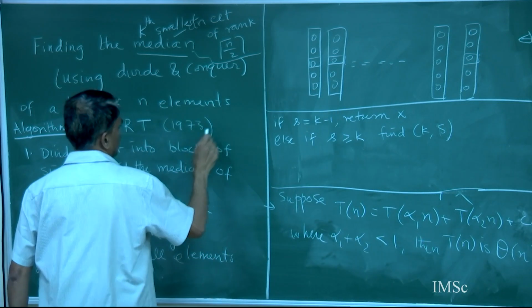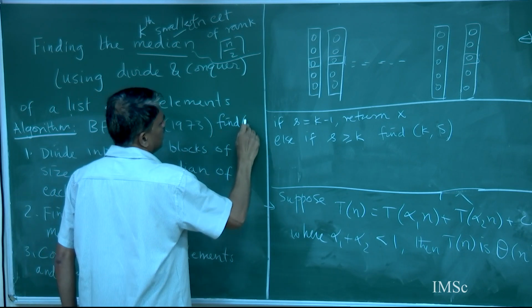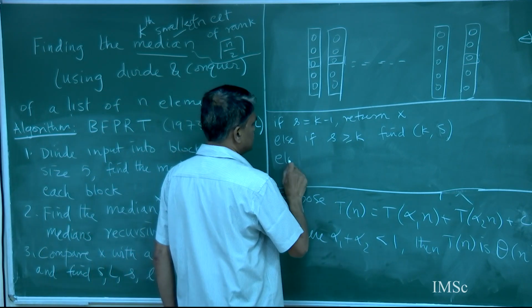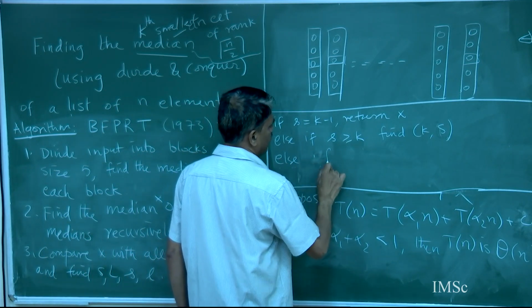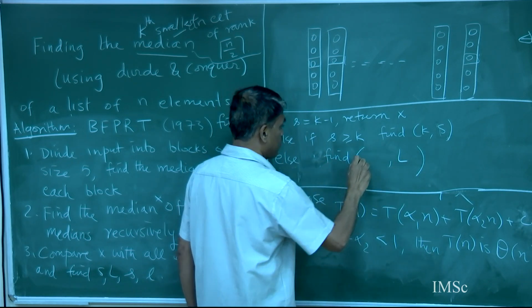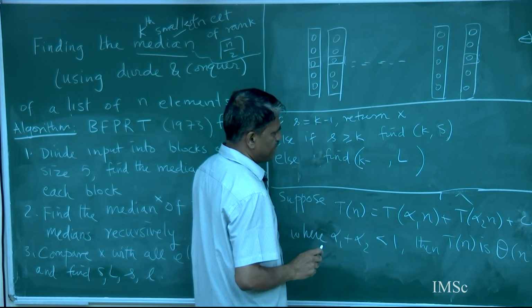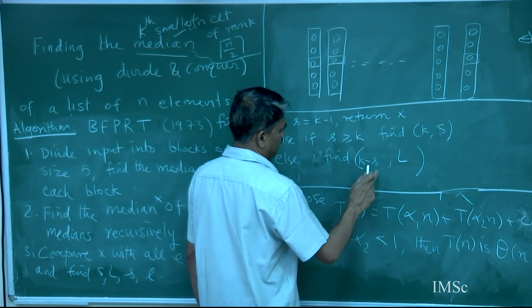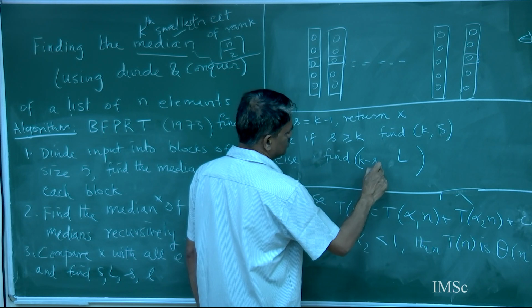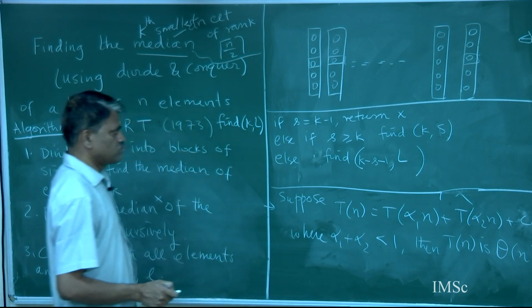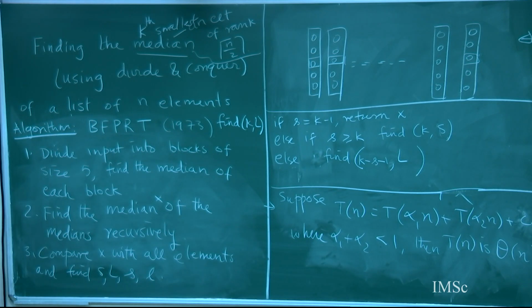Right, so this algorithm, let's say, finds the kth smallest in my entire list L. Else, find in the larger elements the (k minus s minus 1)th smallest, since the rank of x is s plus 1, because s is the number of elements smaller than that.